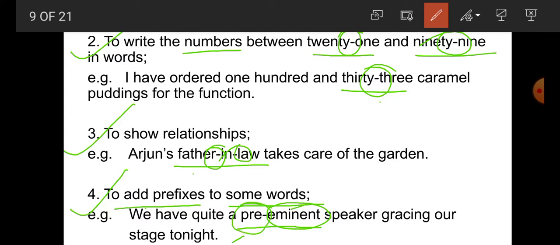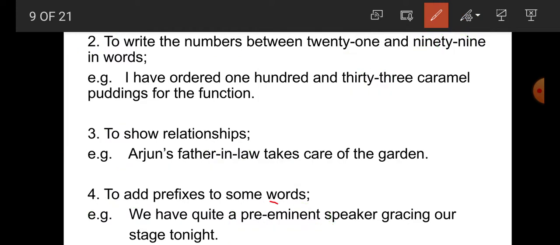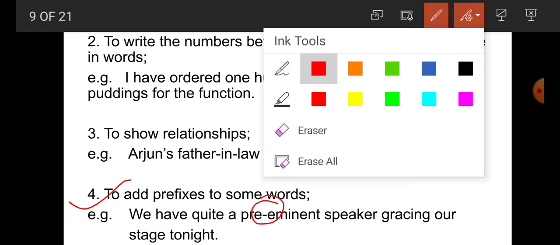So, students, a new word came, pre-eminent, with the help of the prefix pre and the word eminent. And how are we getting this new word? With the help of the hyphen only. So we have got, students, that this is the other use of the hyphen, that it is used to add a prefix to some word.